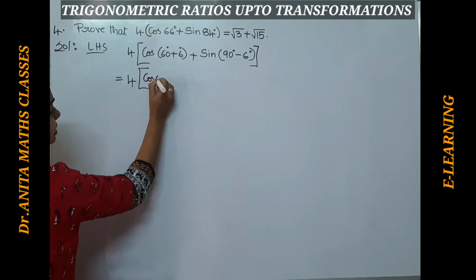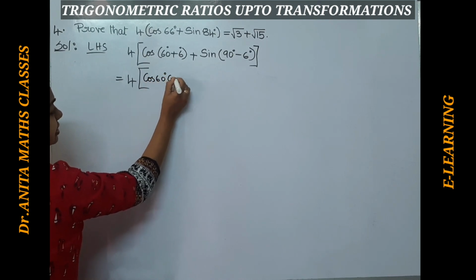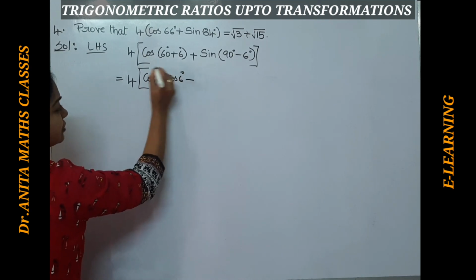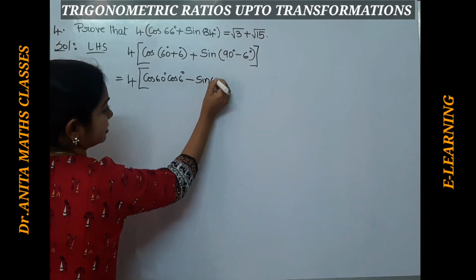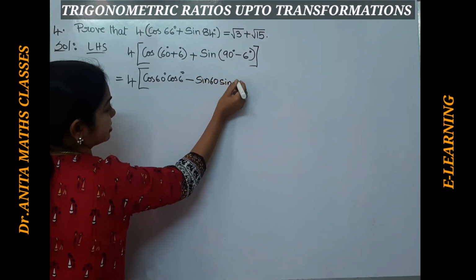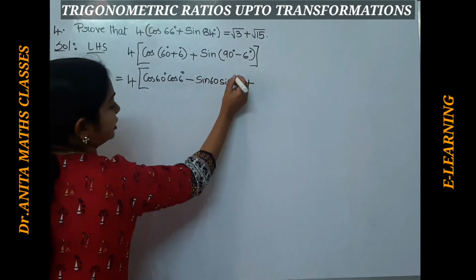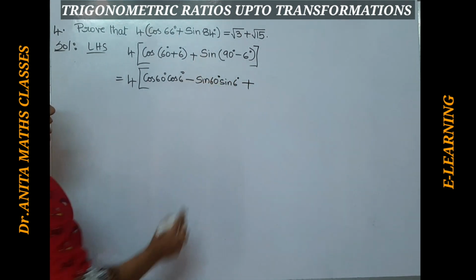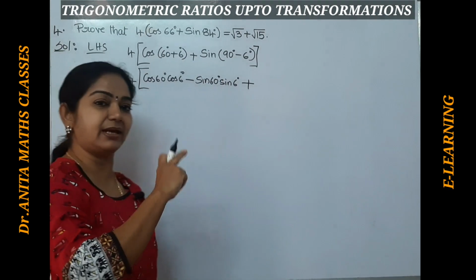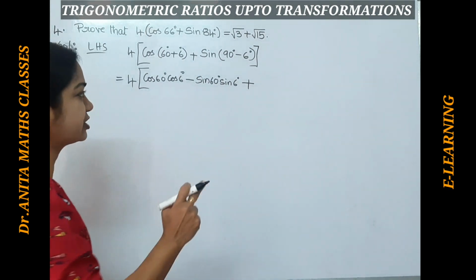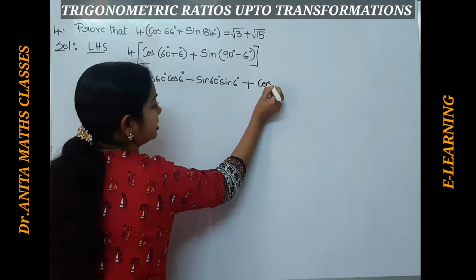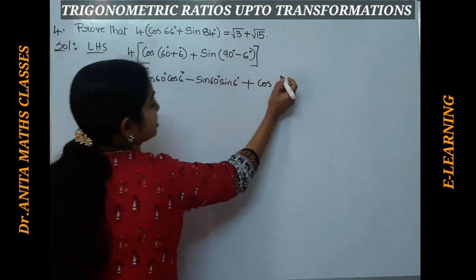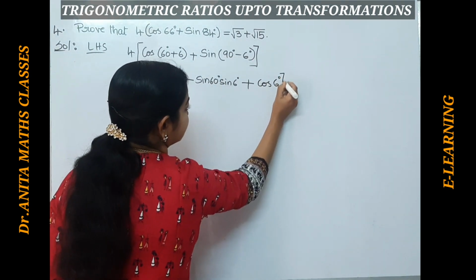Now here I'll expand it, cos A plus B. So cos 60 cos 6 degrees minus, in cos we have cos A cos B minus sin A sin B, so sin 60 sin 6 degrees, plus sin of 90 minus 6. Sin 90 means cos, in the first quadrant all are positive, so cos 6 degrees.